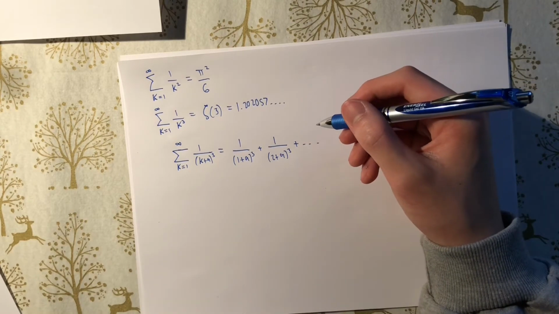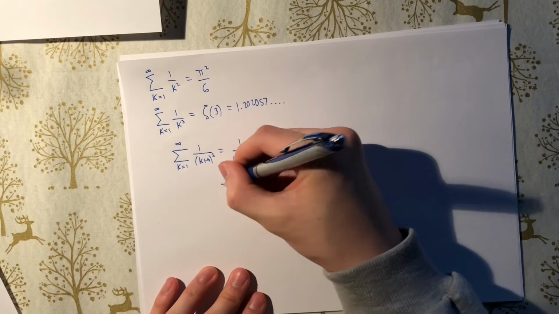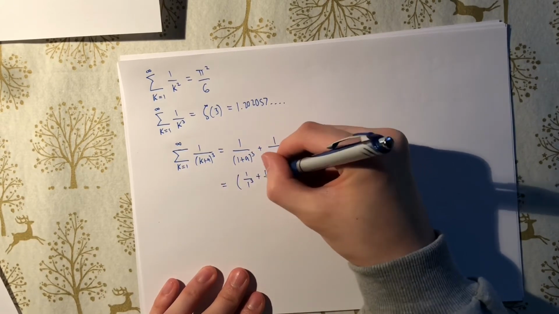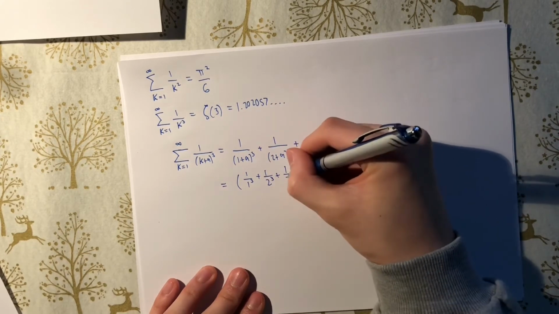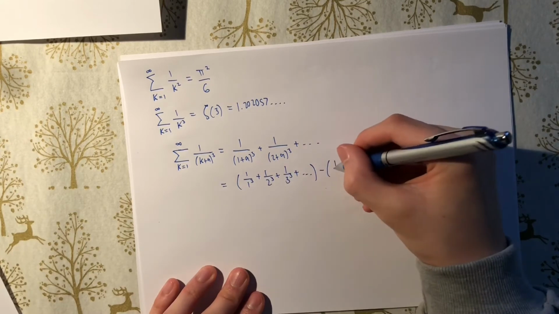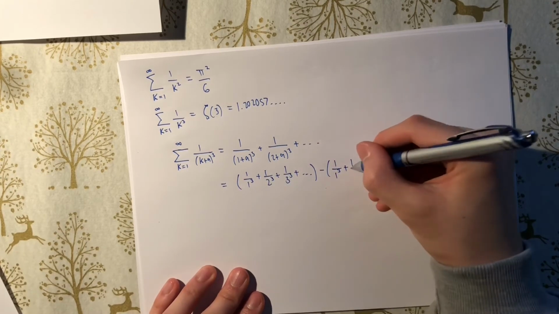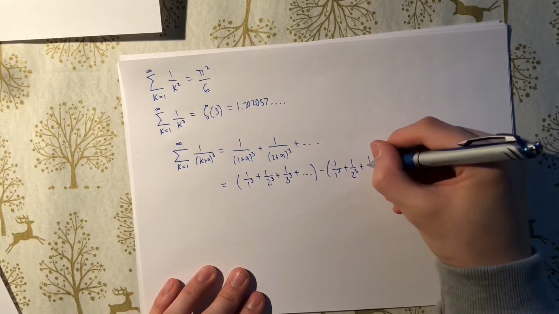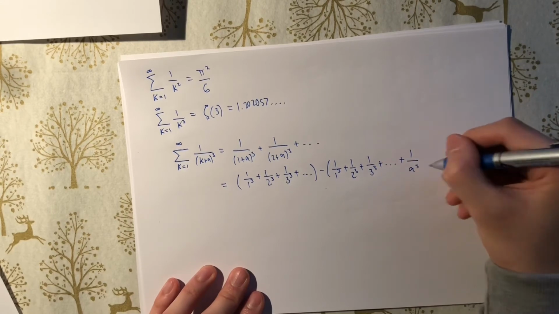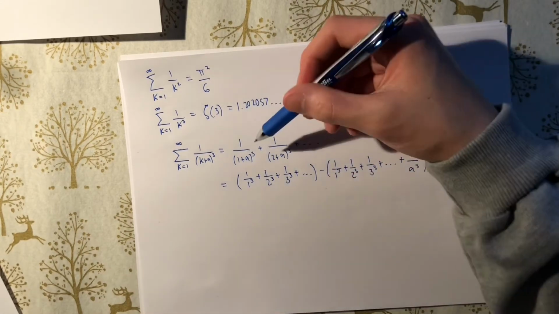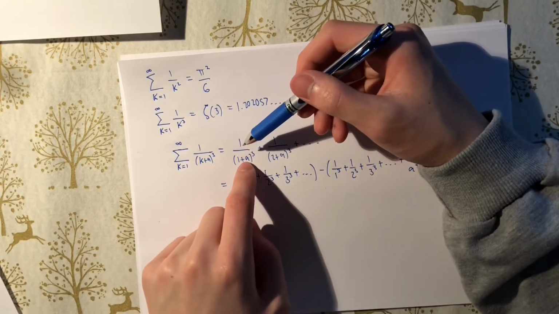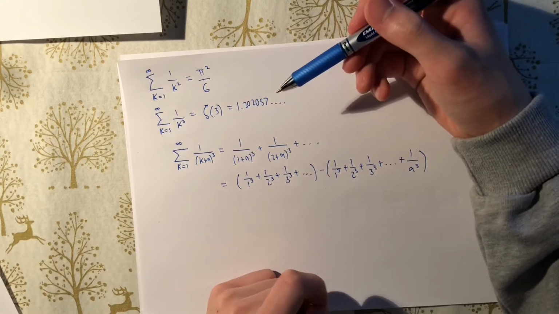Now, we can write this out as 1 over 1 to the power of 3 plus 1 over 2 to the power of 3 plus 1 over 3 to the power of 3 plus dot dot dot, and then minus 1 over 1 to the 3 plus 1 over 2 to the 3 plus 1 over 3 to the 3 plus dot dot dot plus 1 over a to the 3. Because it's essentially the sum of all the reciprocals minus all those a terms before.